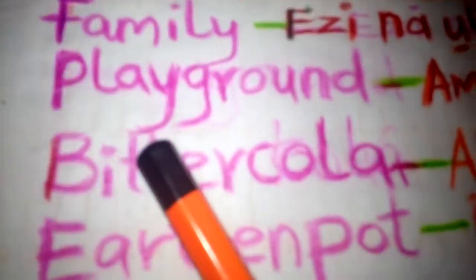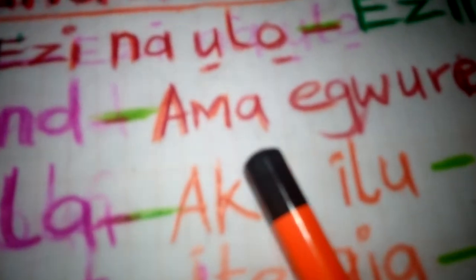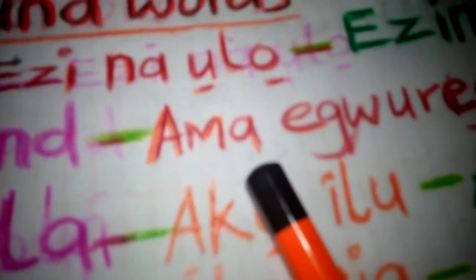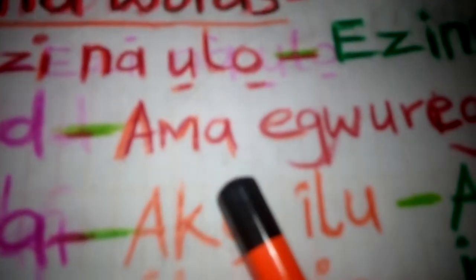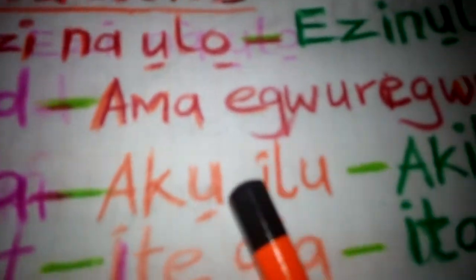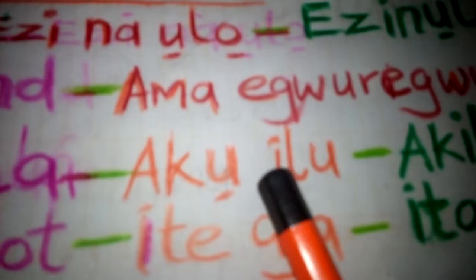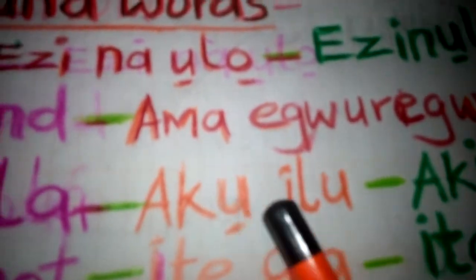Okay, like bitter cola. Aku ilu. Aku ilu is bitter cola. So you drop this u and get akụilu, because this u is a vowel, this i is a vowel. So you drop this. Okay, but when what is here is not a vowel, you don't drop anything.